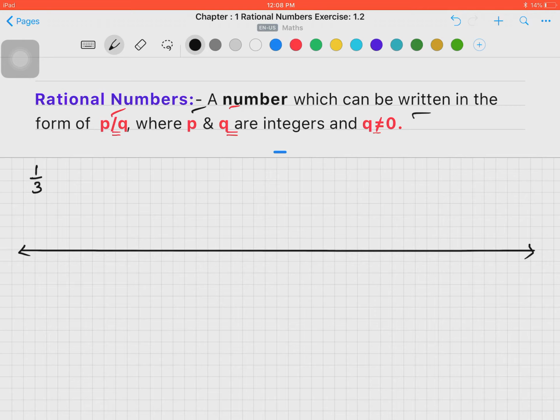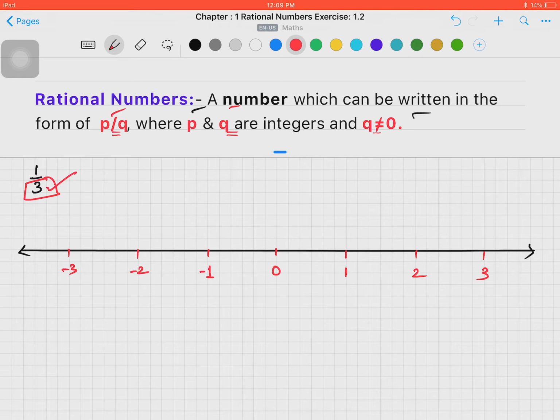On that line in the middle we have 0, then we have 1, 2, 3, and on the left hand side we have -1, -2 and -3 and so on. Now we are asked to represent this 1 by 3 on the number line.